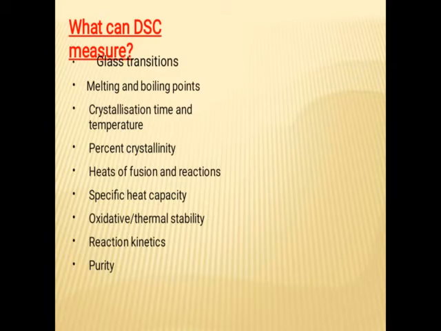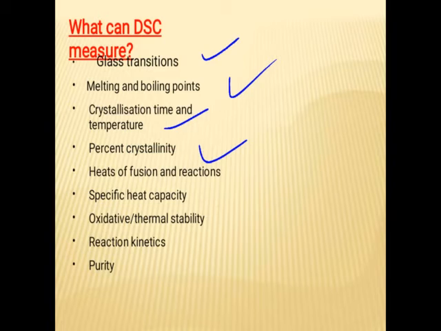Then what are the factors which can be measured with the help of the differential scanning calorimeter? Glass transition temperature can be checked. The melting and boiling point of a substance can be determined with the help of DSC. Then the time required for crystallization and the temperature can be checked. Then the percentage of crystallinity can be checked.